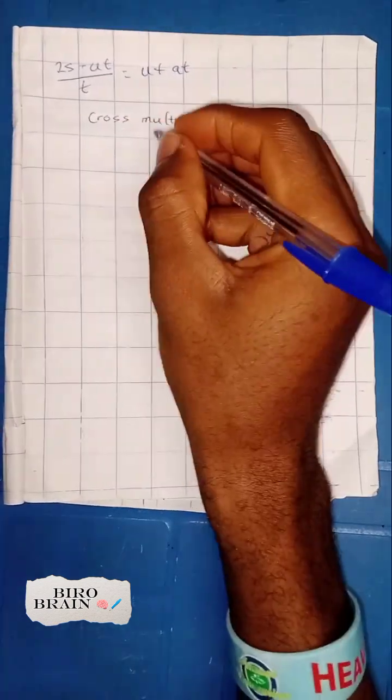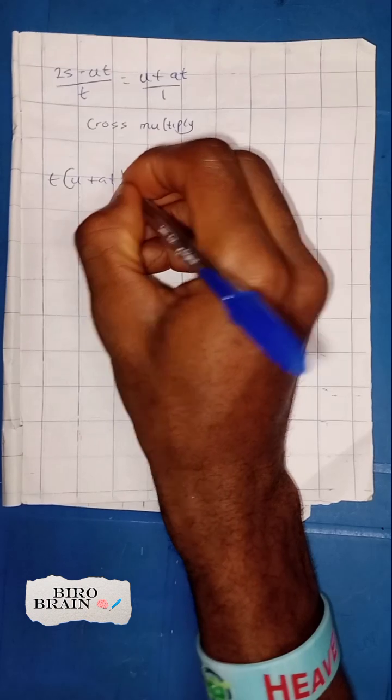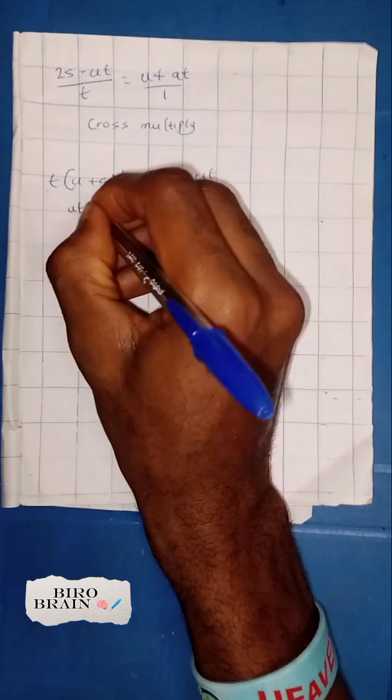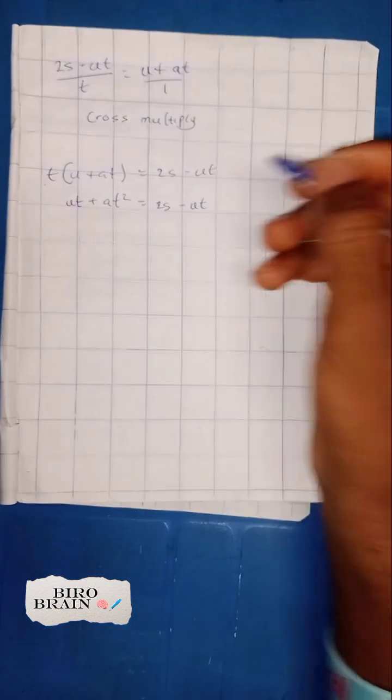We'll have t bracket u plus at equals 2s minus ut. That's t times u, that's ut, plus at squared equals 2s minus ut.